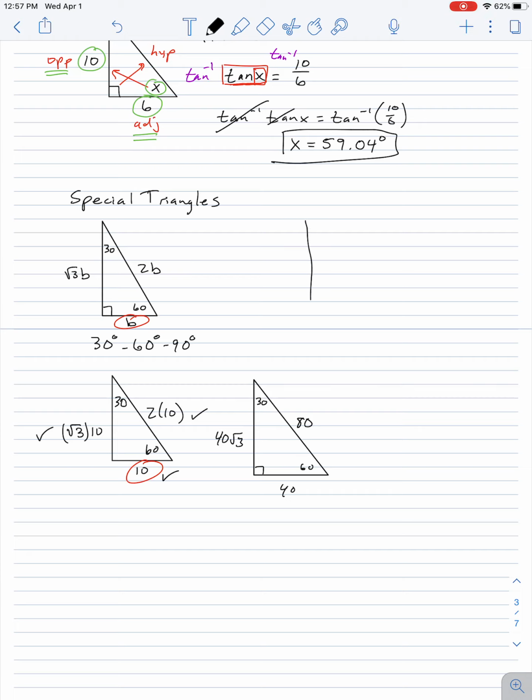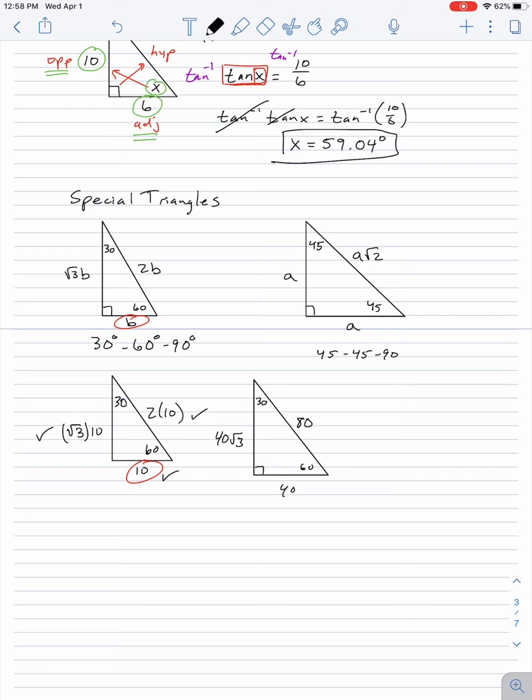And your second one is a 45, 45, 90. Okay, and its ratio of sides is, if this side is, let's call it A, then this side is called A. It's an isosceles triangle, so those two sides are the same, and this hypotenuse is A root 2.